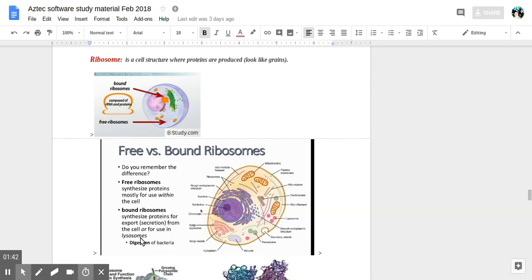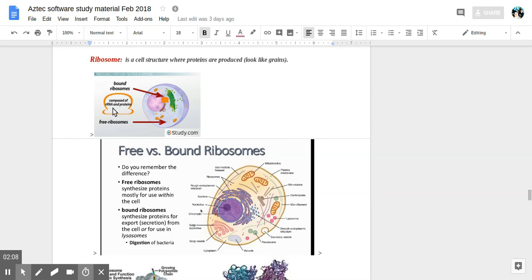The lysosomes are responsible for digestion of bacteria. And then the free ribosomes, which are outside in the cytoplasm, are responsible for synthesizing proteins for use within the cell.